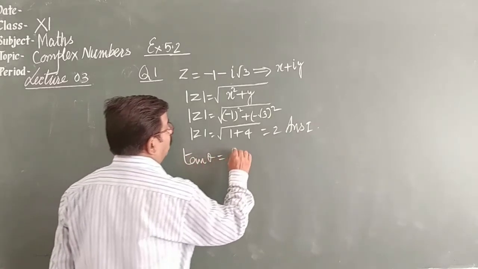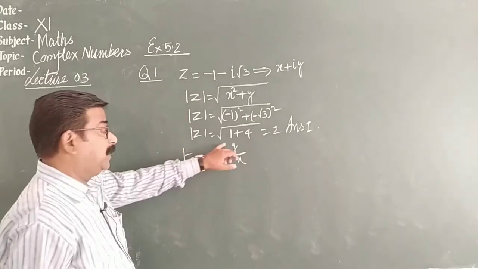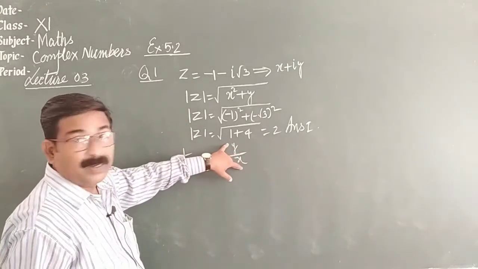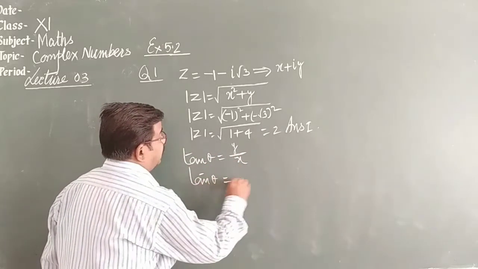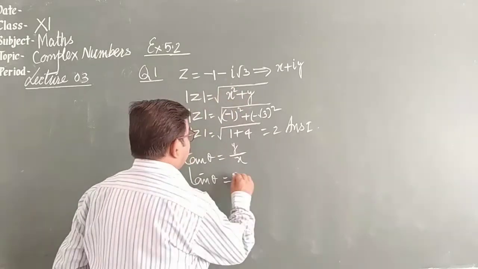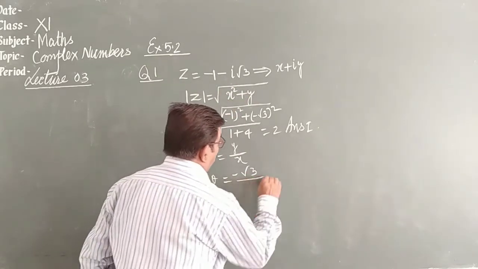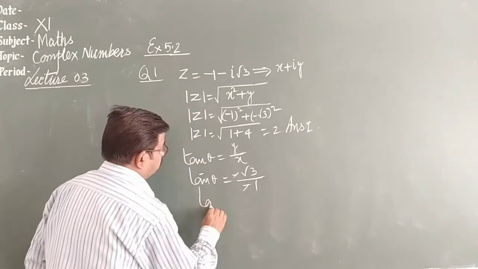So tan theta is equal to y upon x, the imaginary part upon the real part. So tan theta is equal to minus root 3 upon minus 1, minus and minus will go.